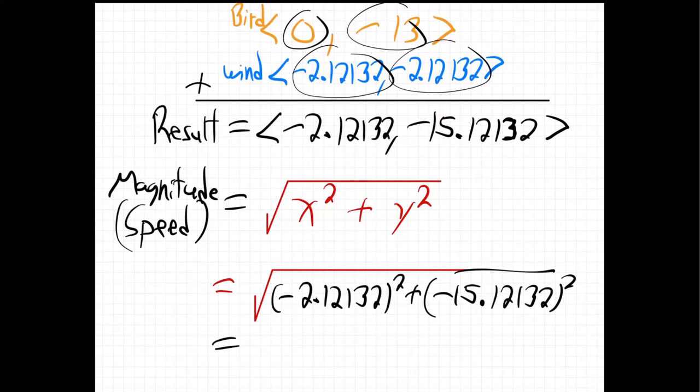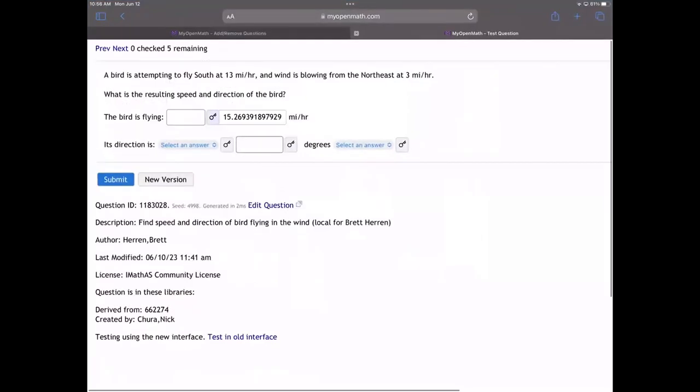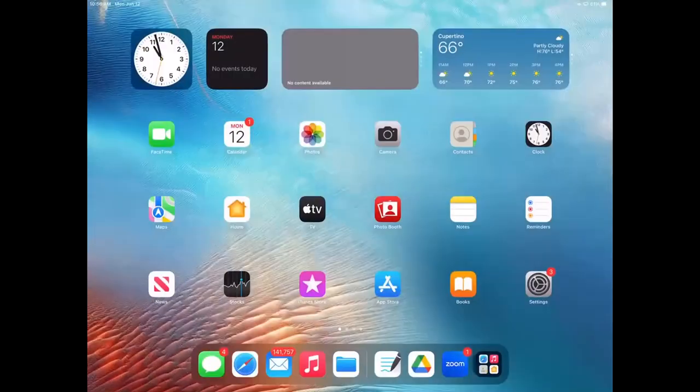We're going to take 2.12132 squared plus 15.12132 squared, equals, and then square root. There we go. Okay, I'm getting 15.26939. Let me check. Is that the right answer? Yep, there it is. I get that answer key right there. So we got that right. So that's the speed of the bird.